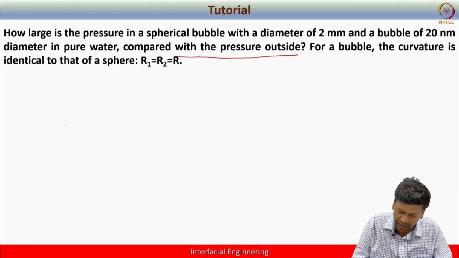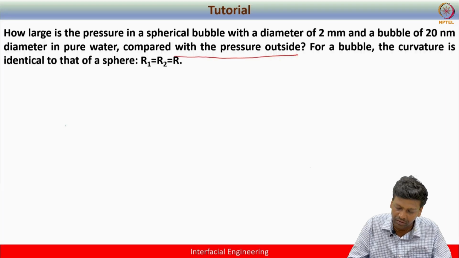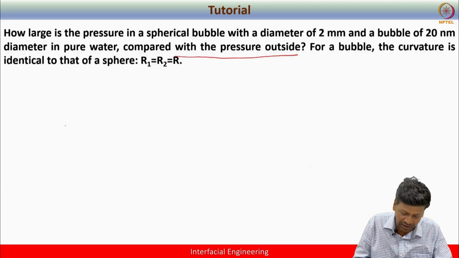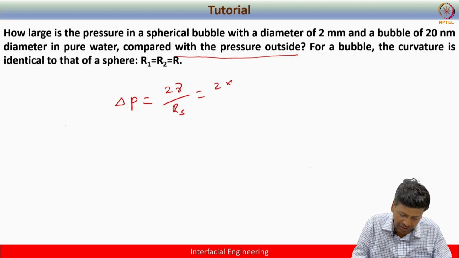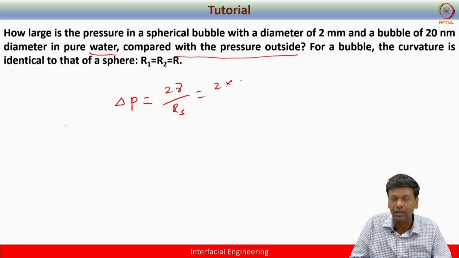We know it's spherical geometry, so we can straight away take the compact equation, that is delta P is nothing but 2 gamma by R, which is 2 into gamma. Since it is for pure water, the air-water interfacial tension in this case will be 72 milliNewton per meter.